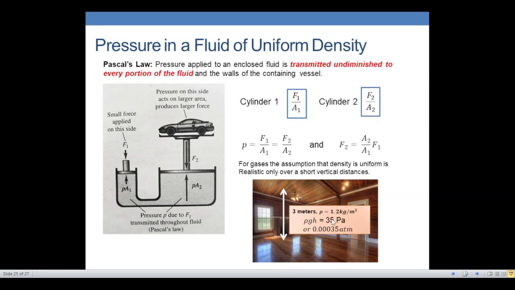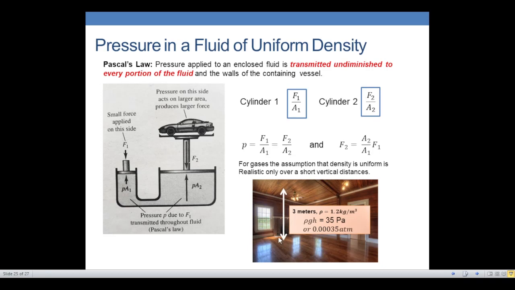And the density of the air is 1.2 kilogram per cubic meter. So the pressure that we can get at the floor is 35 pascals, or approximately 0.0035 atmosphere, right? And this difference is negligible. We can consider this one as negligible at that particular distance.